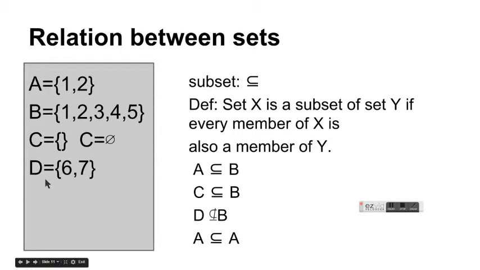And D is not a subset of B because the members of D are 6 and 7, and 6 and 7 are not members of B. And notice that subset has a property of identity, which means that every set is a subset of itself. So A is a subset of A.